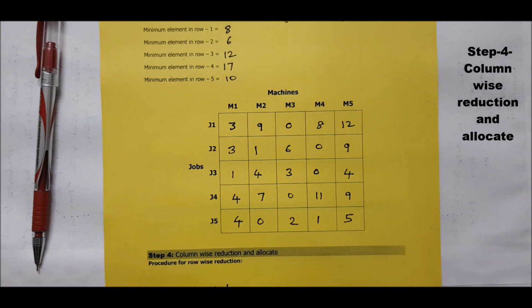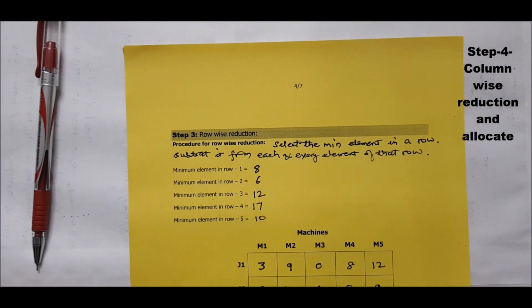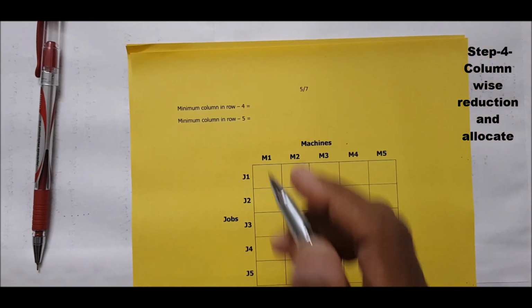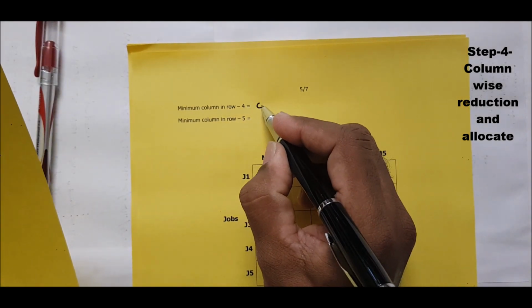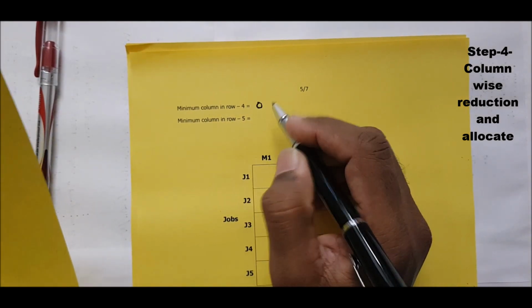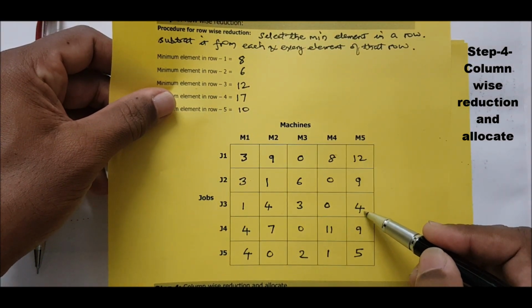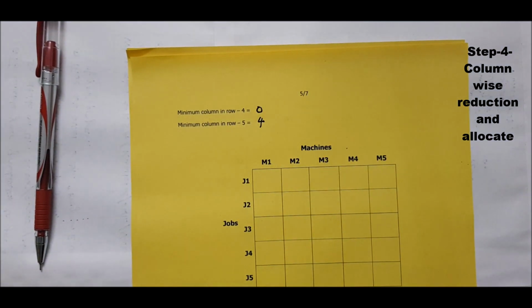Third column, least is 0. Fourth column, the least is 0, and in the fifth column, the least element is 4. So you get all these elements.